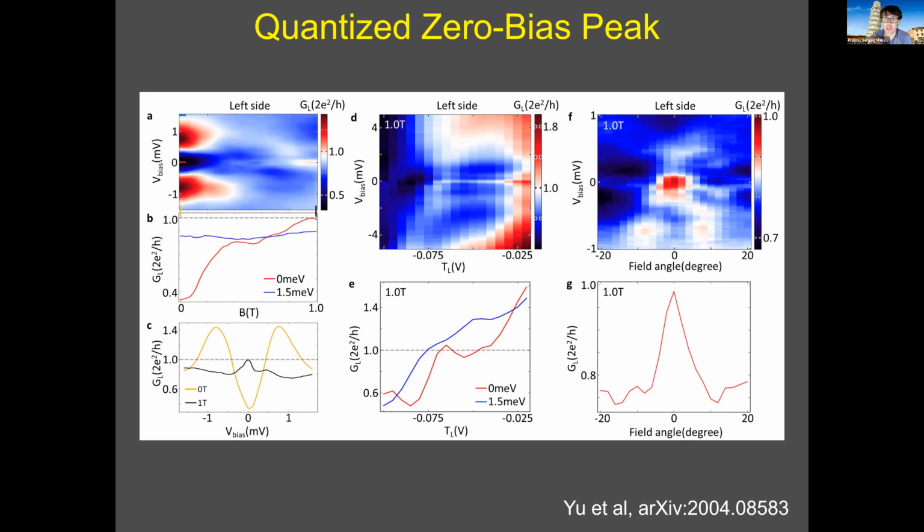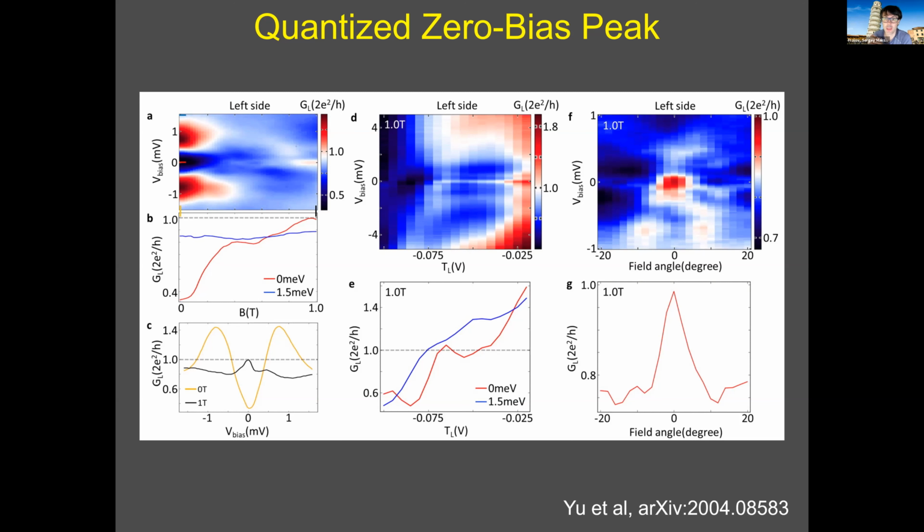And now finally, this is kind of fresh data, somewhat fresh, correlation, right? So can we observe zero bias peaks on 2 ends of the same device, of the same nanowire? This is something we posted on arXiv a few months ago. Yes, we can see zero bias peaks on 2 ends of the device.